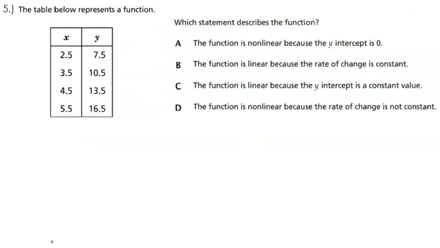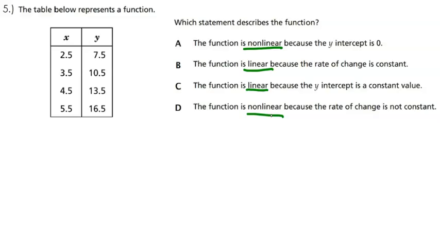Question number 5 shows you a table that represents a function. And then it asks you to choose the statement that describes this as a function. And a function has to do with every input having only one output. But you'll notice that each of these options is asking you to decide between whether this function is linear or nonlinear.